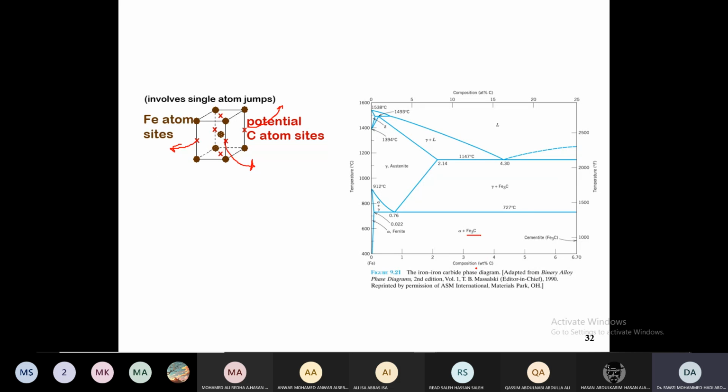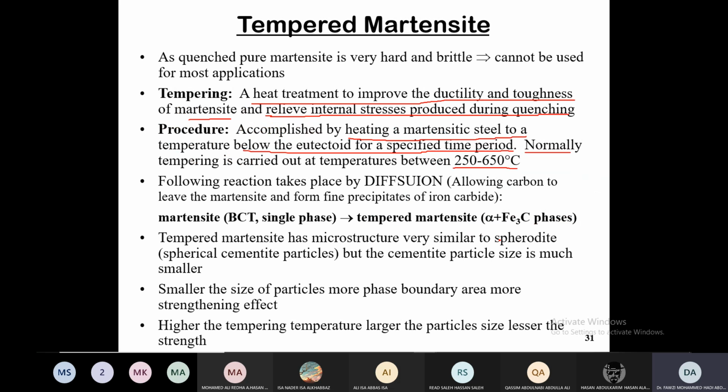From 250 up to 650 degrees centigrade. Sometimes we go also to 675 degrees centigrade. Does the temperature at which the tempering is done affect the microstructure? Of course it does. Does the time that we let the material soak affect the crystal structure? It does, of course. Let us look at that as well.